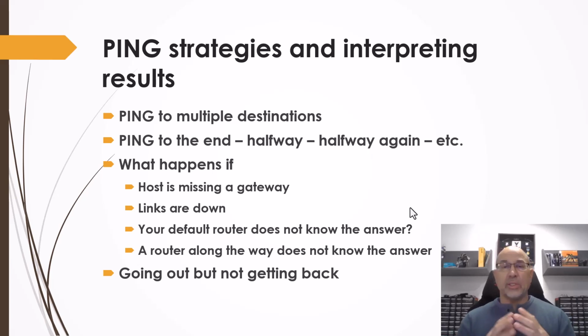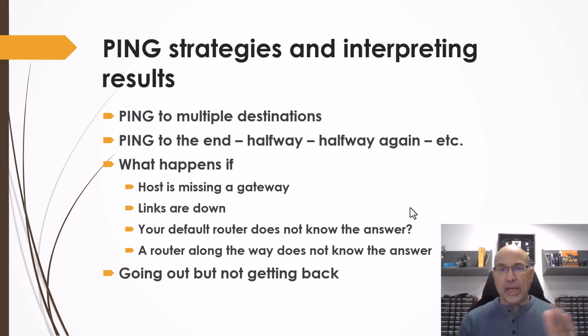And that helps us diagnose the problem. So for example, I can't get to the internet, but can I get to my default gateway? And that really helps isolate the problem. If you can get to the gateway, well, it might not be a host problem. If you can get to the gateway, but you can't do anything with names, then it might be a DNS problem. So there's lots of ways to help isolate. The other thing you can do is say, well, can you ping your neighbor?